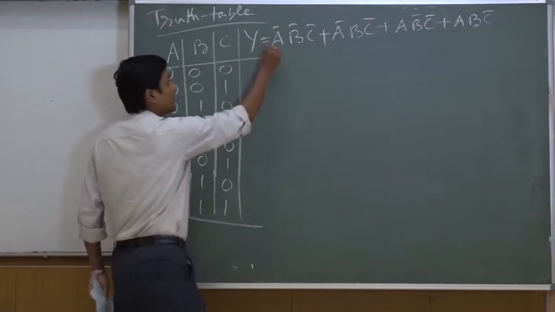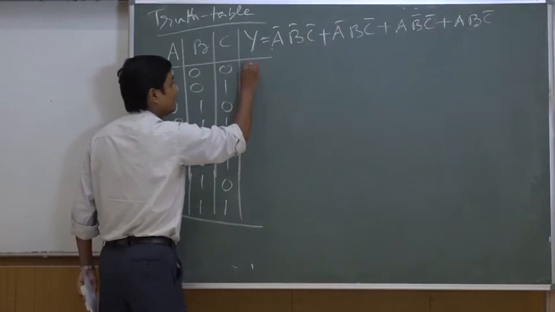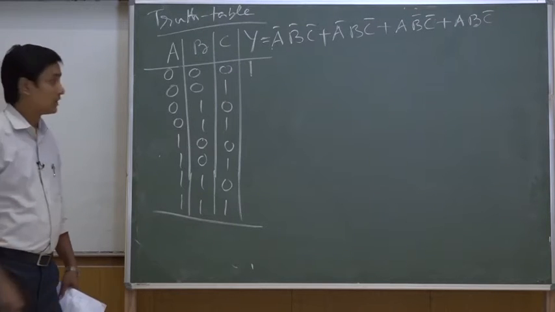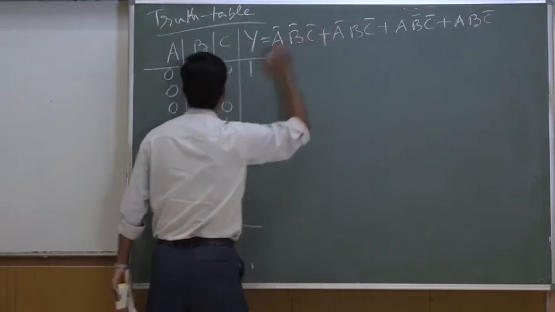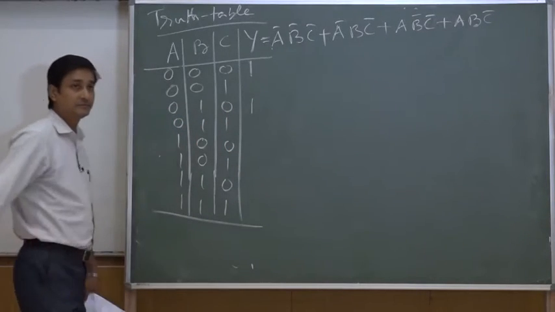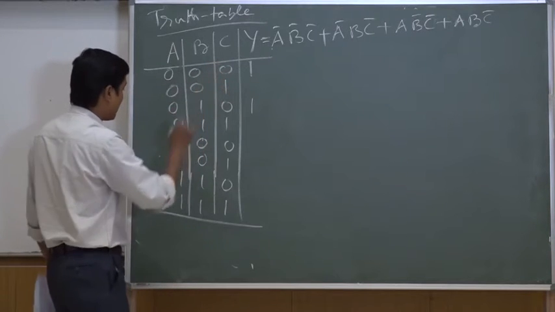A bar, B bar, C bar, this might be 1. Then A bar, B, C bar, 1. Then another one, A, B bar, C bar.